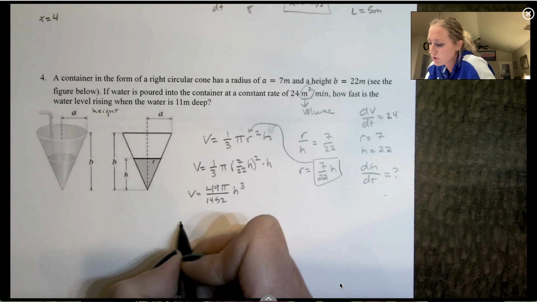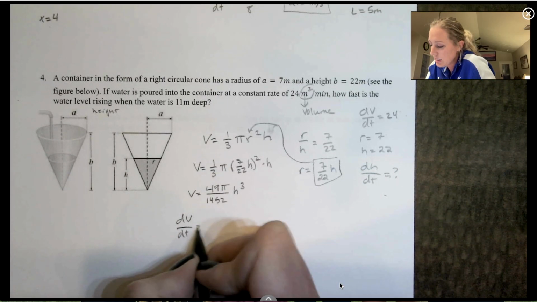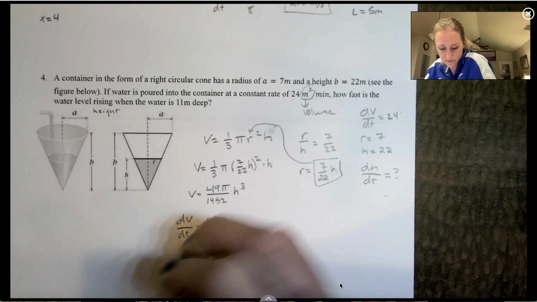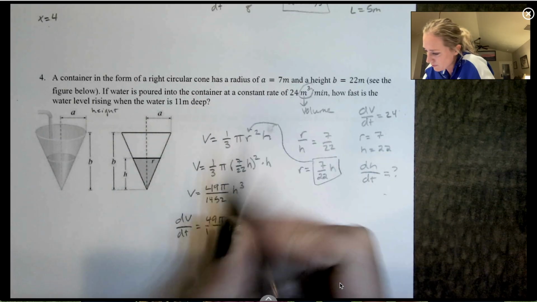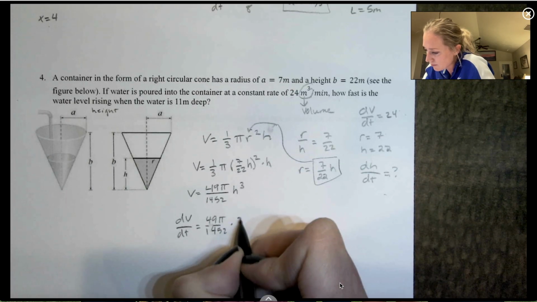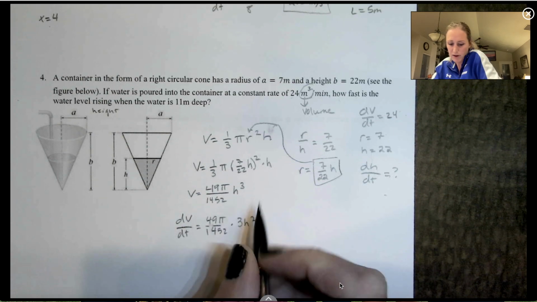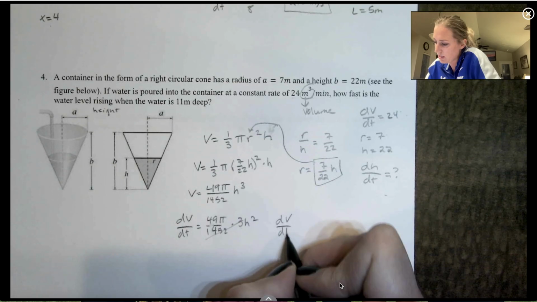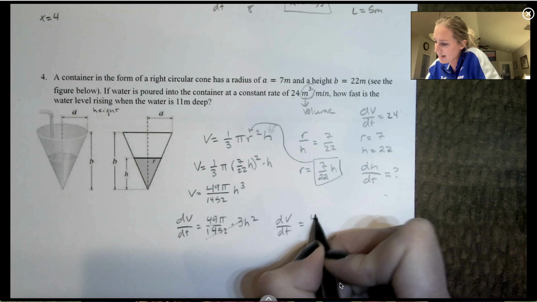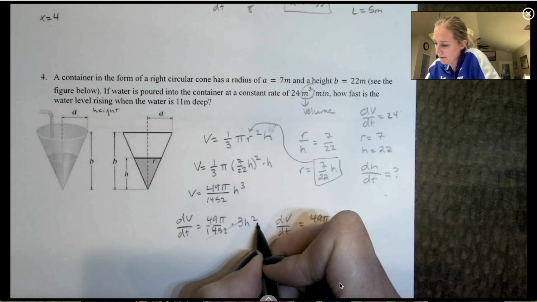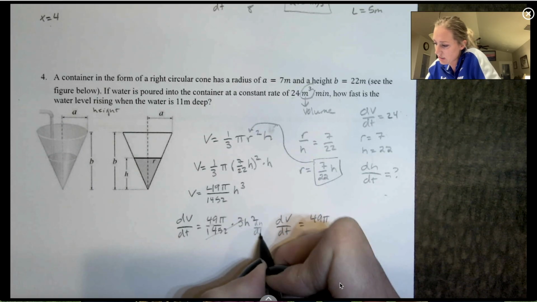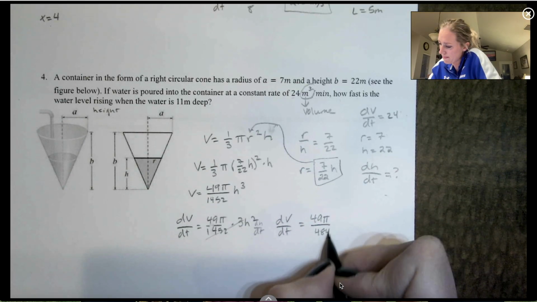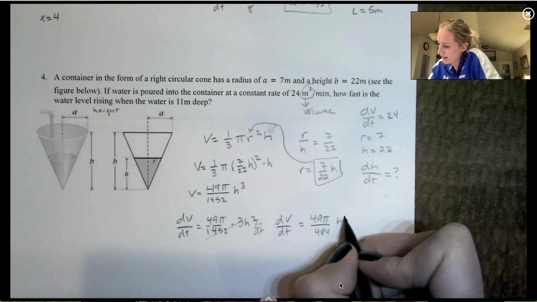This is a constant multiple, so we get dV/dt equals 49 pi over 1452 times 3h squared. When I multiply by 3, this actually divides nicely by 3, you guys, so this is going to turn into dV/dt equals 49 pi over 484 h squared dH/dt.